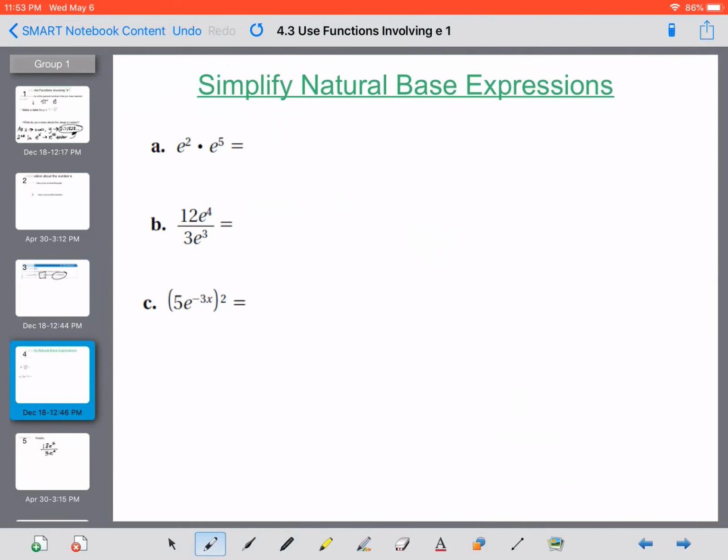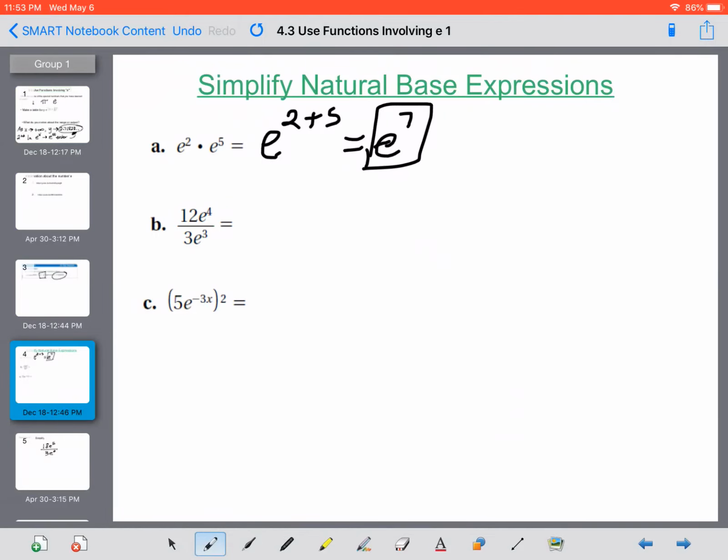Okay, so we're going to simplify some natural base expressions. Now, we are going to use the exponent properties just the way we've done before, but apply them to the number e. So when we're multiplying, if the bases are the same, the base will stay the same, and we add the exponents together. So that would be e to the 7th power.